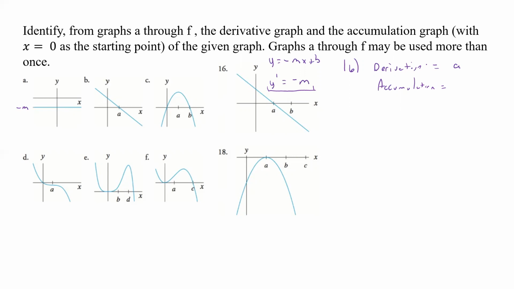Now for the accumulation function. We're going to be accumulating, and it's going down, it's decreasing, so we're going to have a negative value going up to the point A. At point A, we switch from positive to negative, so that gives us a max at A. After that, we go down some more.